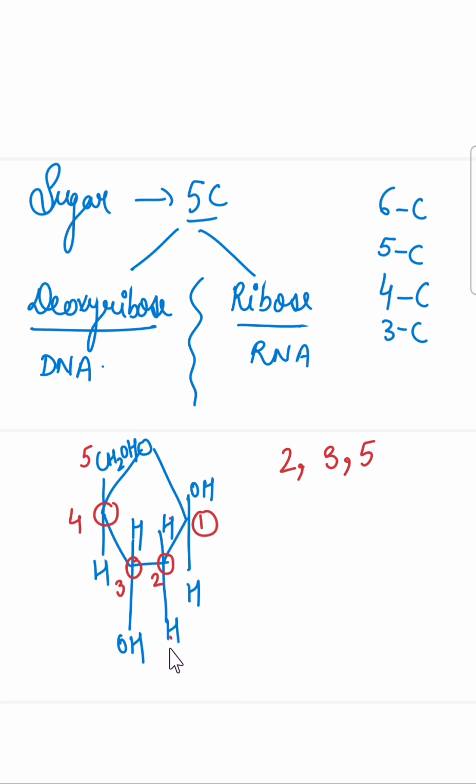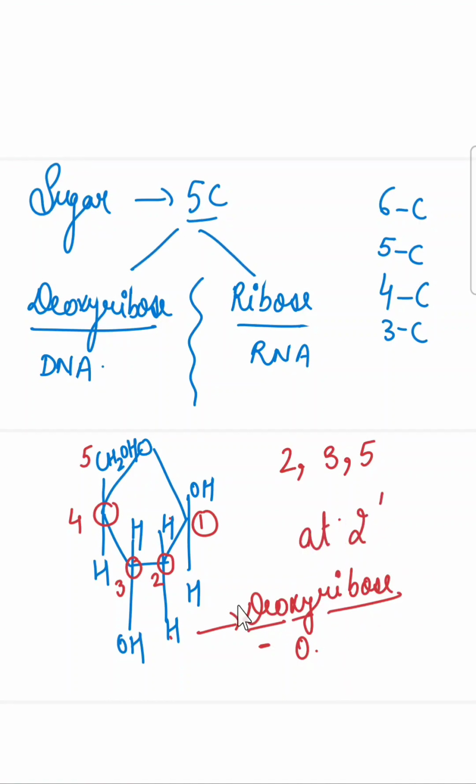H and H group are there. No O, no hydroxyl group is present. So this type of sugar we consider as deoxyribose sugar. D means negative, oxy means oxygen: in ribose sugar, if we remove oxygen at the second position, then it is considered deoxyribose. And if I add O at the second position, then it forms the ribose sugar.